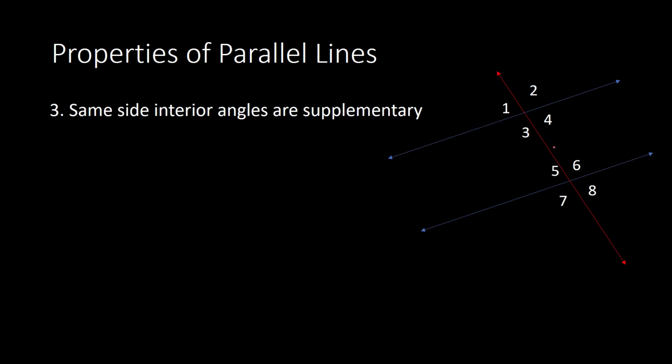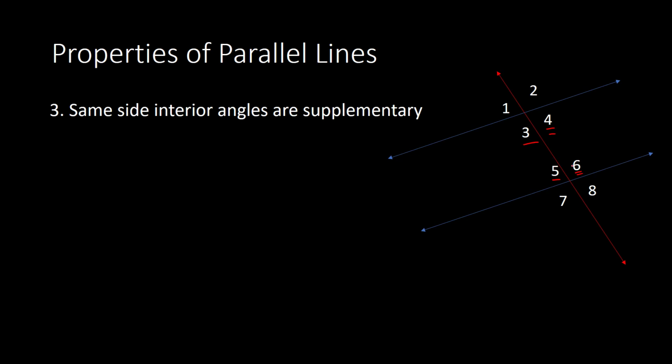The third property says that same side interior angles are supplementary. So same side interior would be something like 3 and 5, and then 4 and 6. Where 3 and 5, they're on the same side of this red transversal line. They're both on the left side, and they're also both interior.